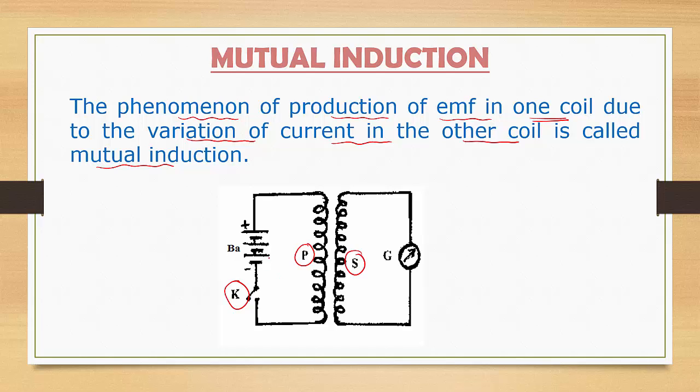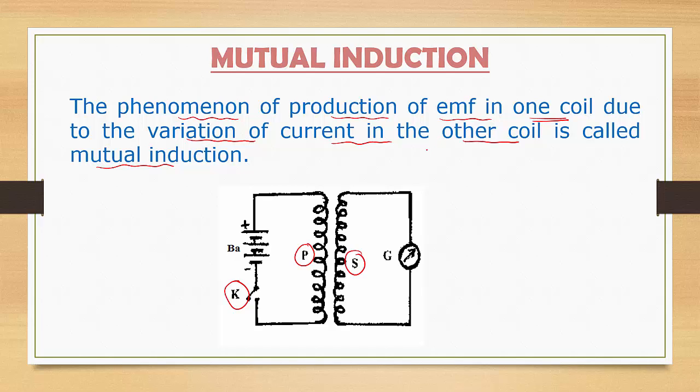This current is surrounded by magnetic field, so the magnetic field is linked with both the coils because the secondary coil is kept very close to the primary coil. When magnetic flux linked with the coils increases, induced EMF takes place and hence current is produced in the secondary coil.